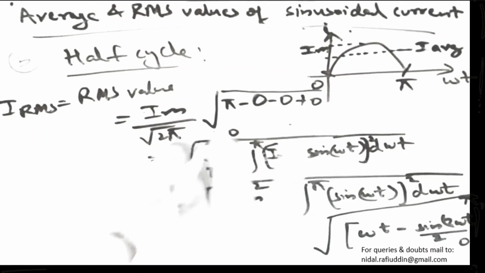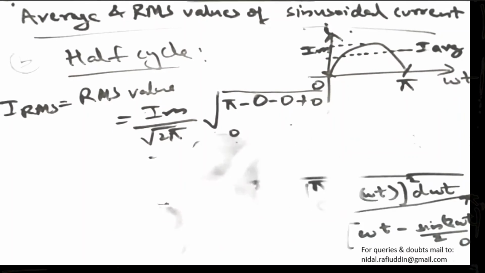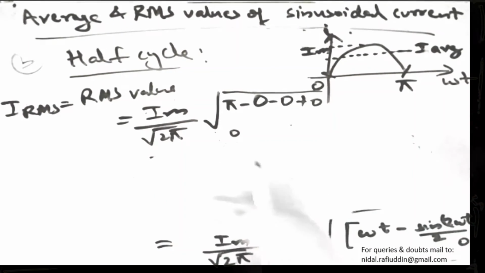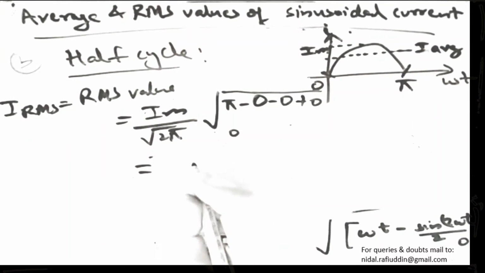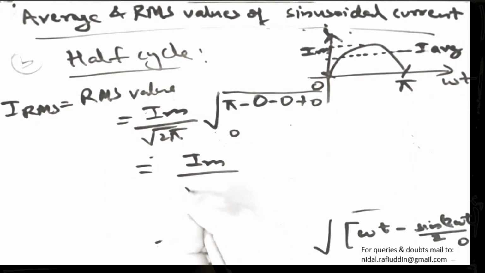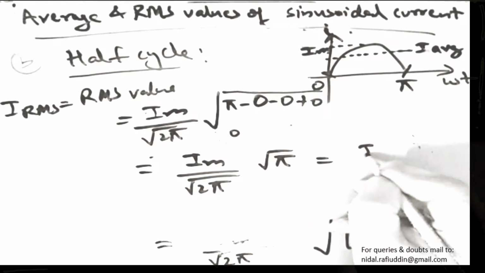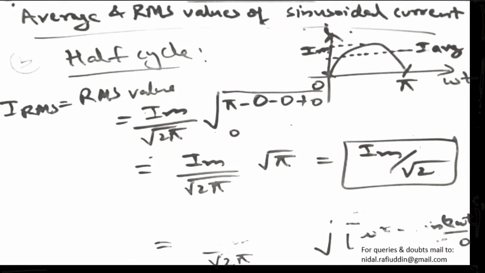So now this gives us Im by root 2 pi into root pi, which is Im by root 2. So this is the required RMS value of the half wave.